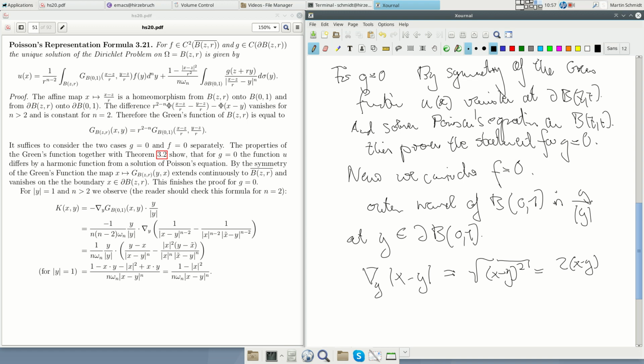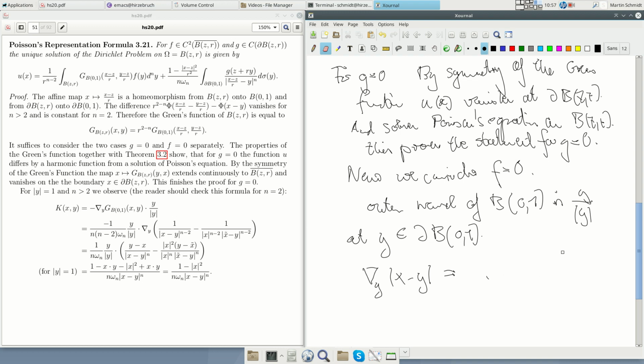To simplify, we write this. Of course, here the square is independent, so sorry, here is missing something. Here we need, sorry, I write this again.